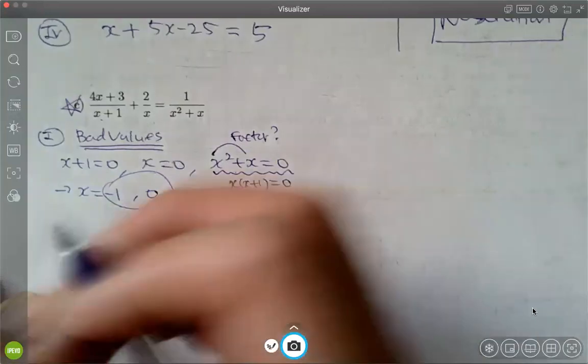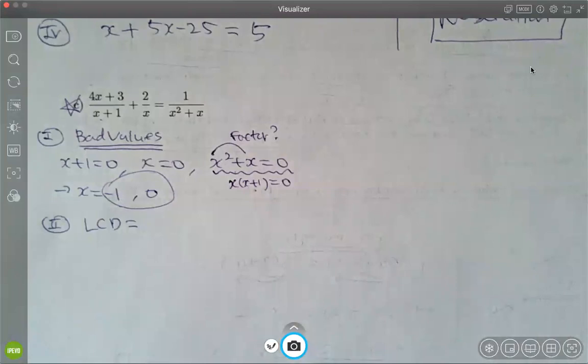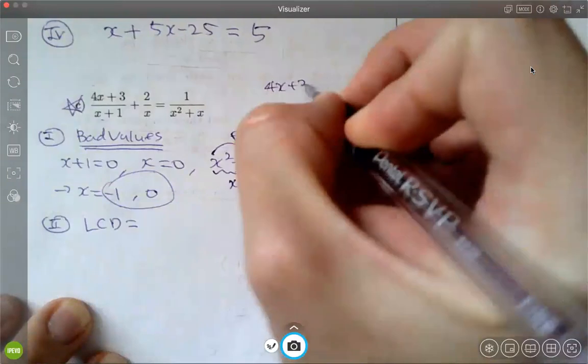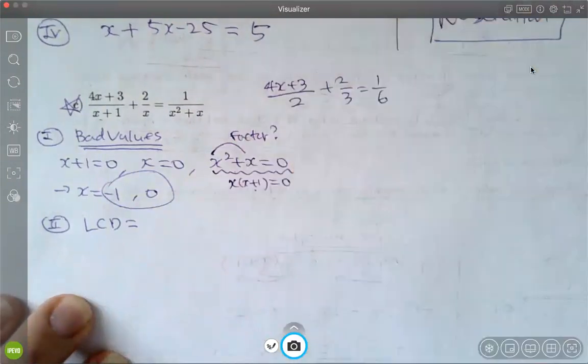And now here, what is the LCD? This one is kind of tricky, huh? x squared plus x, the third denominator. Does everyone see that? It's not that straightforward, but if you don't see it right away, notice that this problem is in the exact same format as this problem.